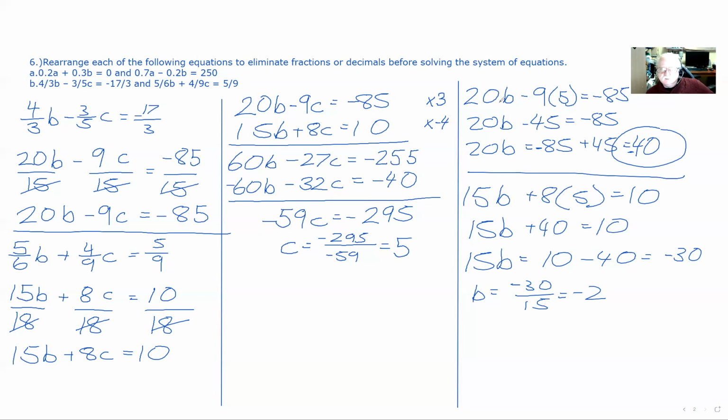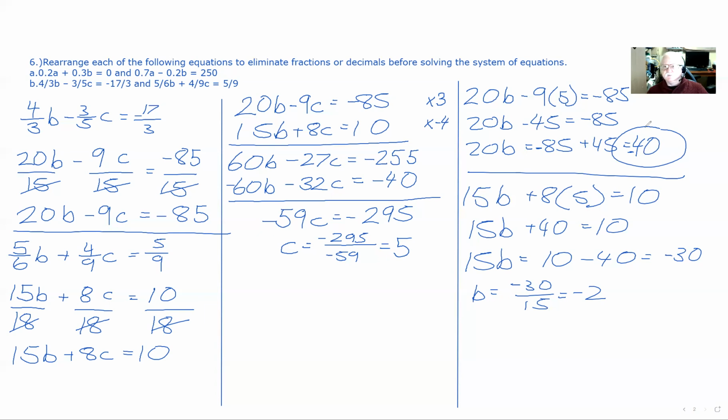20b, take away 9 times 5 equals negative 85. Negative 45, negative 85. Oh, how dumb. I didn't finish the equation up here.